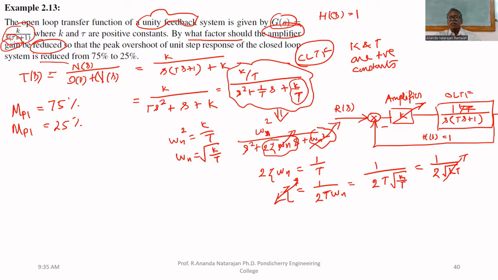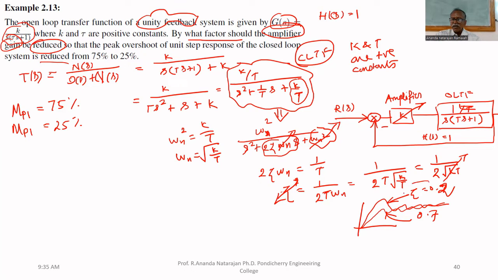How much k has to be reduced so that overshoot is reduced? Zeta will increase. This is one response, this is another response. Let us assume that here zeta equal to 0.2, and for this, zeta will be 0.7.